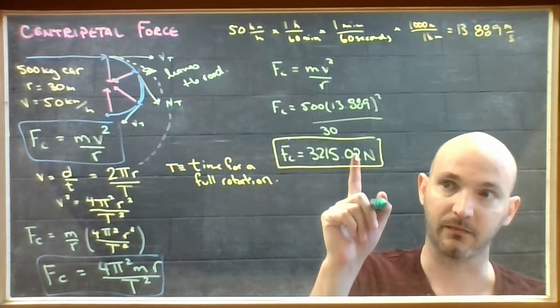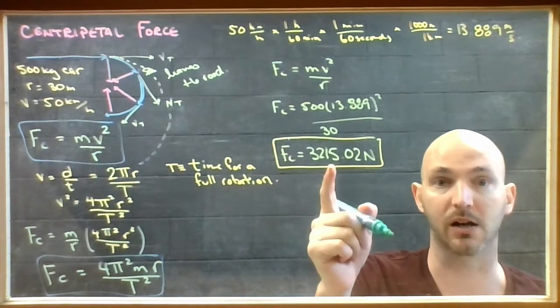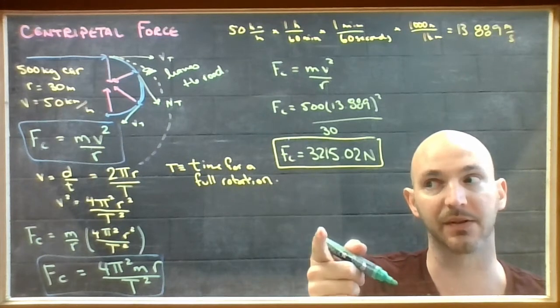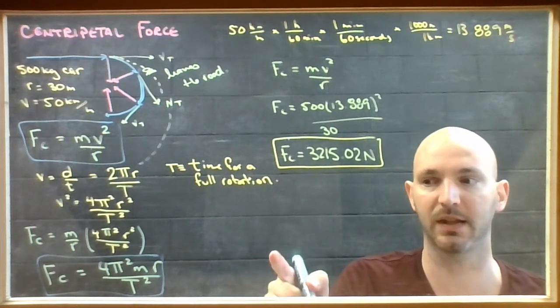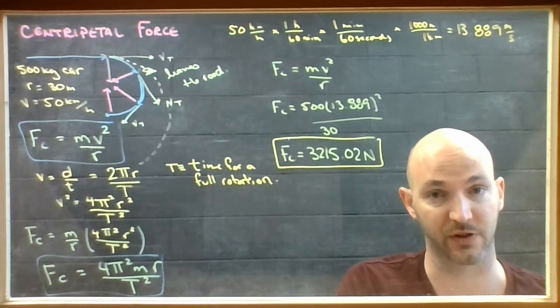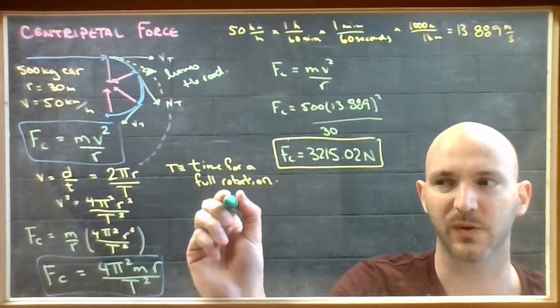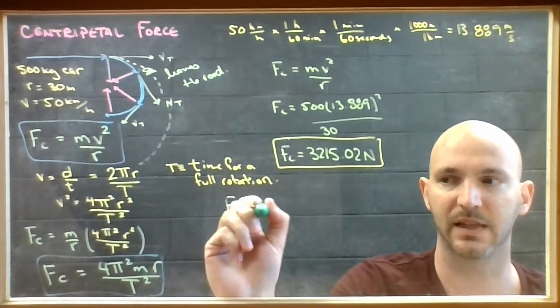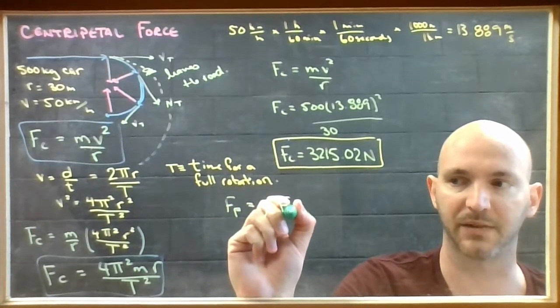So where is this force coming from? Well, the car is attached to the tires, and the tires are attached to the road. And the only thing that's making the tires stick to the road is the force of friction. So force of friction is mu multiplied by the normal force.